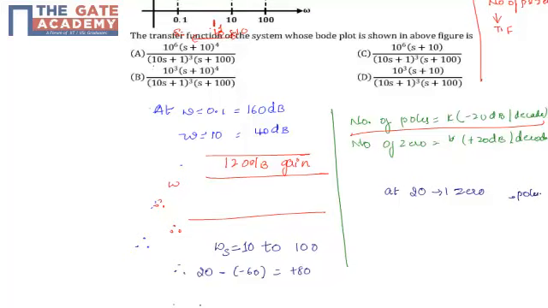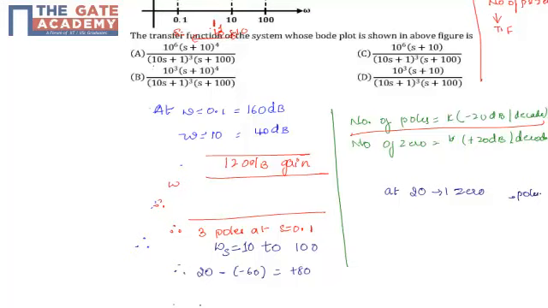So at each 20 dB there is 1 pole or zero. Therefore there are 3 poles at S equal to 0.1, since there is a gain fall of 60 dB from 160 to 100.